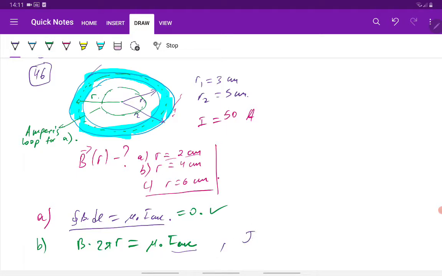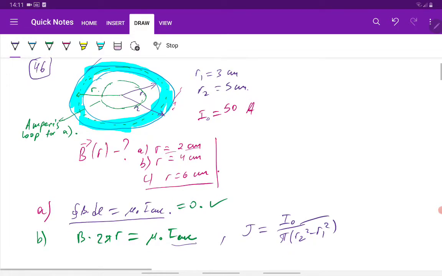Current density J equals the initial current I0 divided by this whole area, which is pi R2 squared minus pi R1 squared, since inside it's empty.